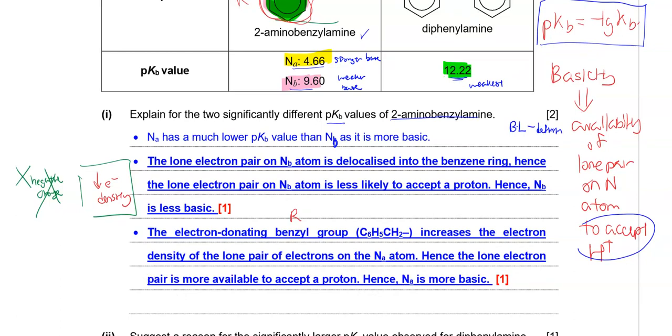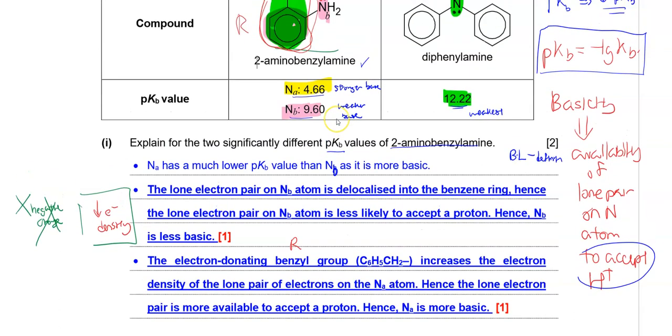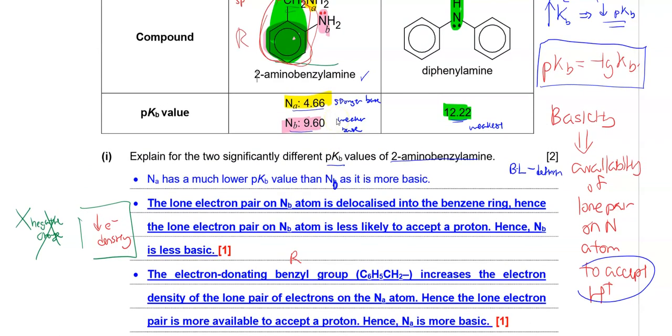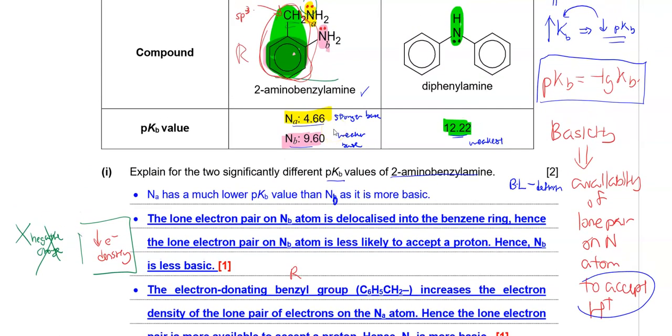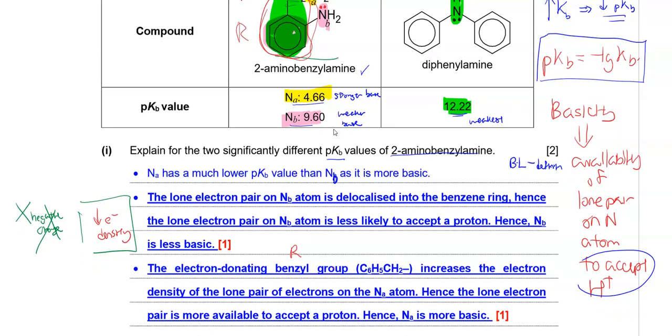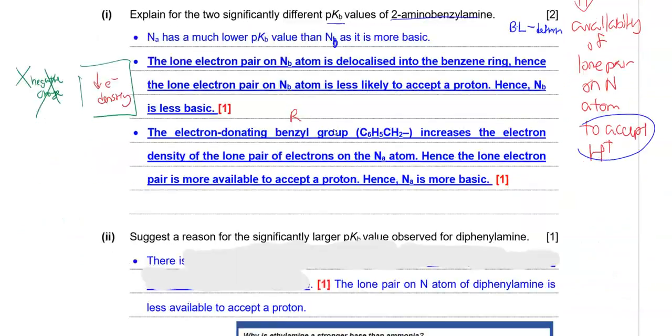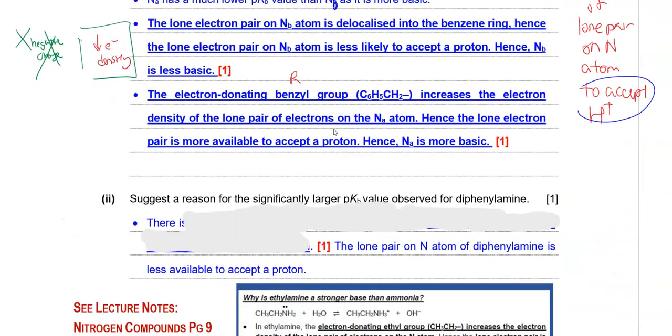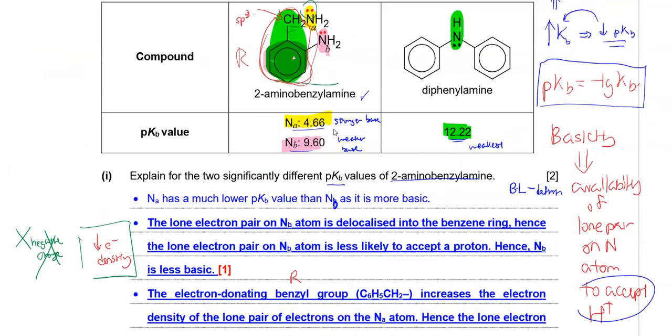So that is a 2-mark response, explaining one mark for each: why Nb is less basic, why Na is more basic. Okay, so that's part 1. Part 2, we're supposed to suggest a reason for the significantly larger pKb value observed for diphenylamine. In this case, you can see in diphenylamine, this lone pair is now adjacent to two benzene rings.